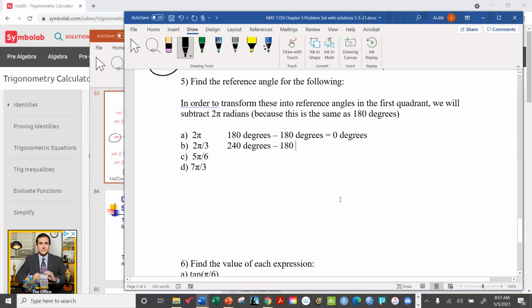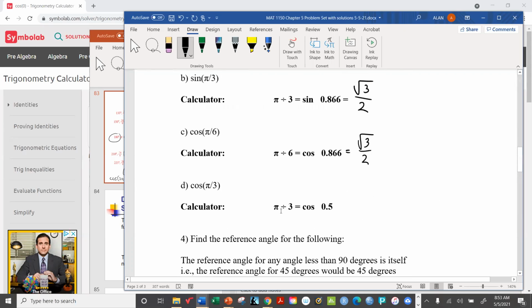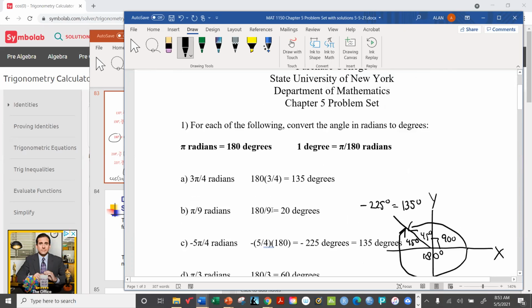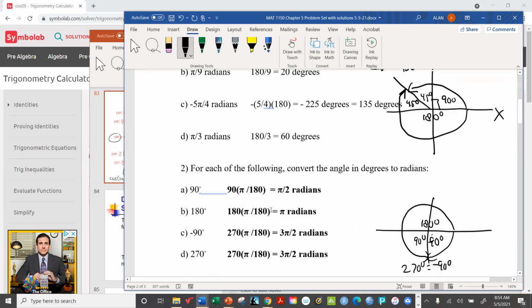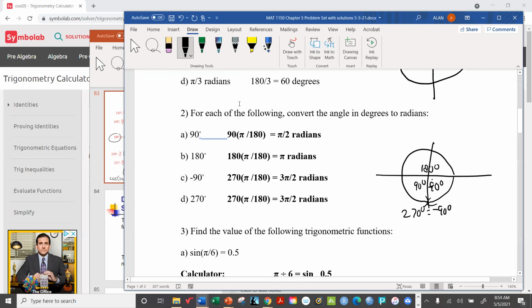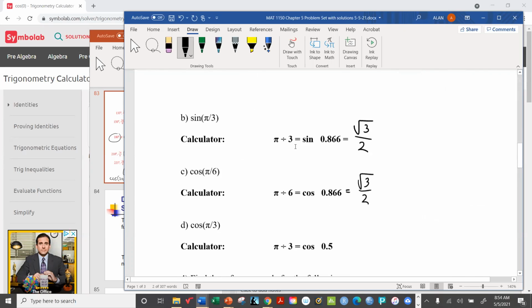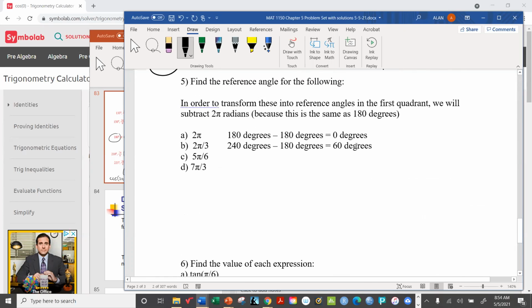And so in order to move back into the first quadrant, now 60 degrees, as you know, from up here, can be easily converted into radians by multiplying it by pi over 180. Okay, so let's do that. And so that gives us pi over 3.